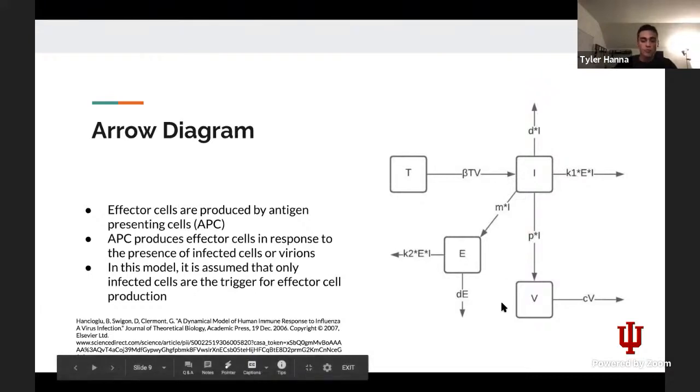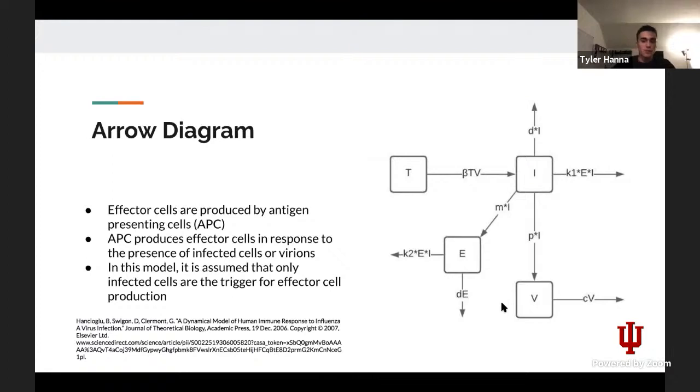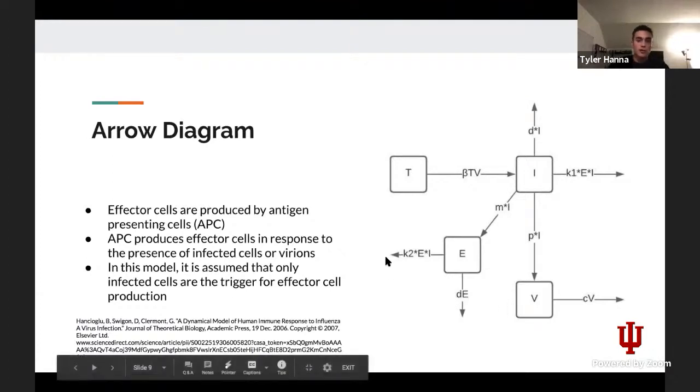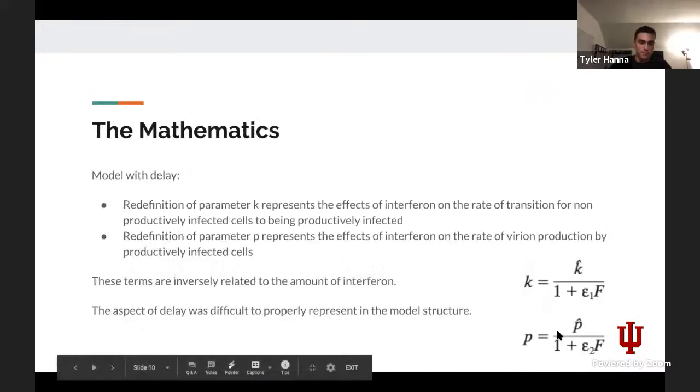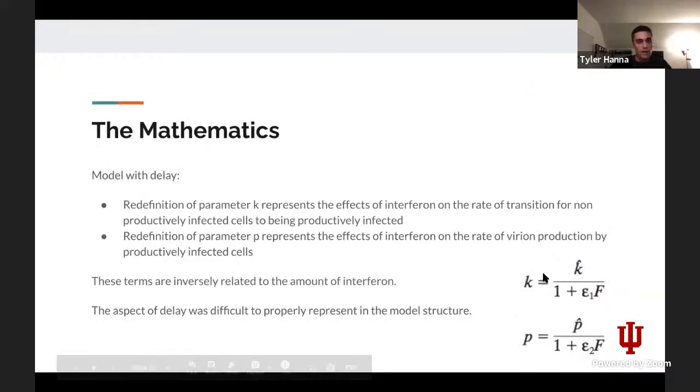And as I'll explain later, effector cells have a limit to the number of infected cells they can kill in their lifetime, and when they kill that number of infected cells, they will be used up or die. They also have an associated natural death rate. And as I explained, the model with delay is where the mathematics get a little complicated.